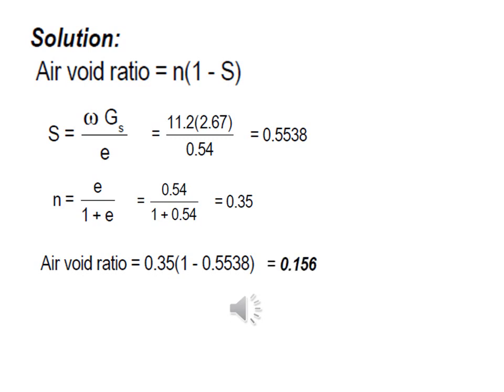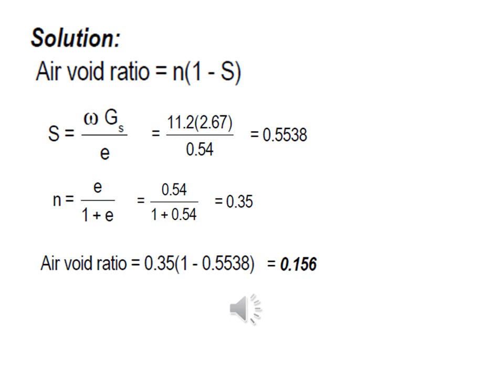So for the solution, the formula for air void ratio is equal to n times quantity 1 minus S, where n is porosity and S is the degree of saturation.